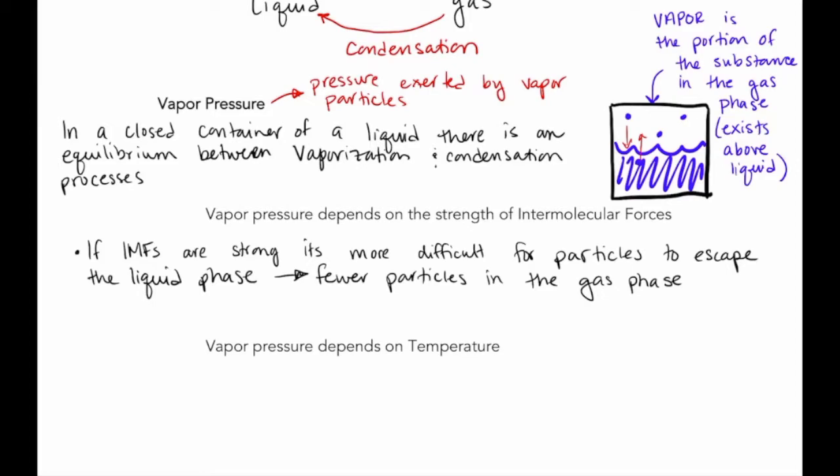Fewer particles part of that vapor, and so we're going to see a lower vapor pressure. More particles are going to mean a higher pressure, and so if the IMFs are strong and there are fewer particles in the gas phase, then we are going to see a lower vapor pressure.